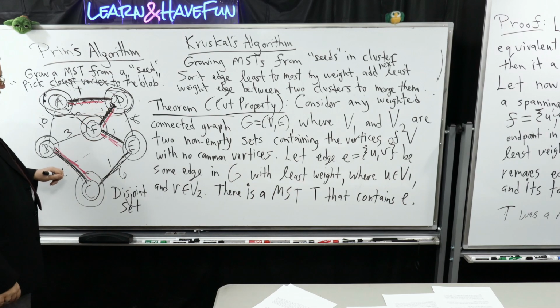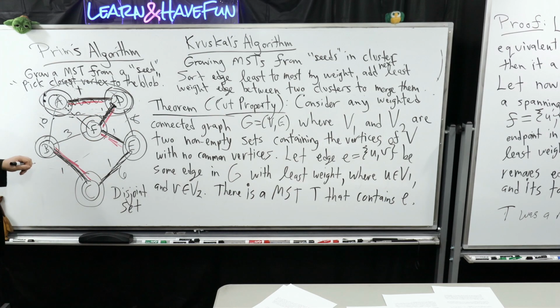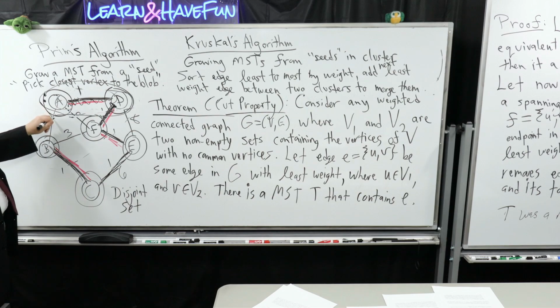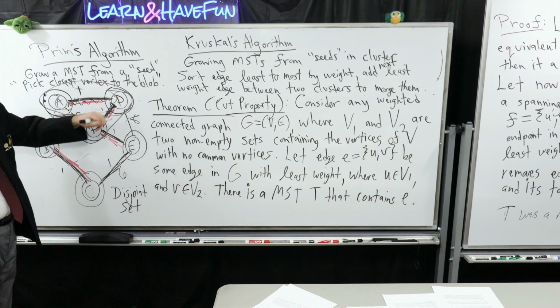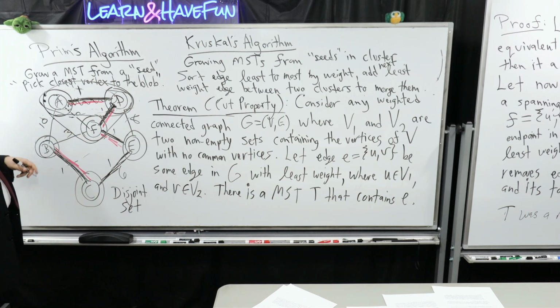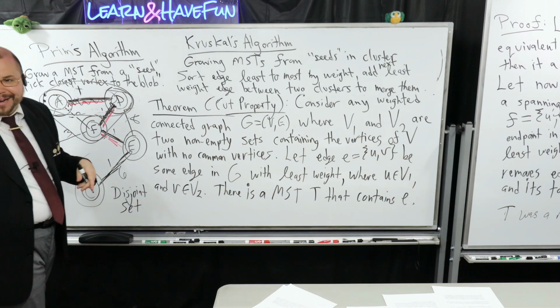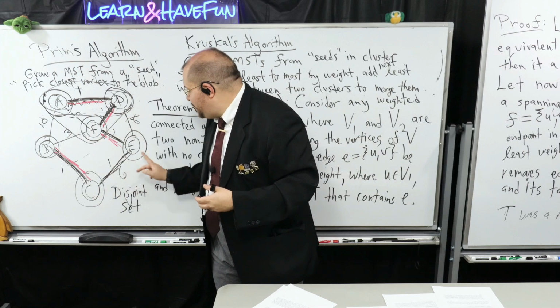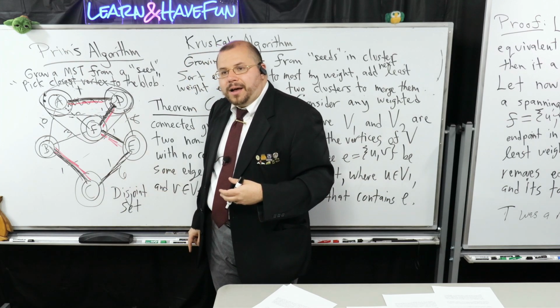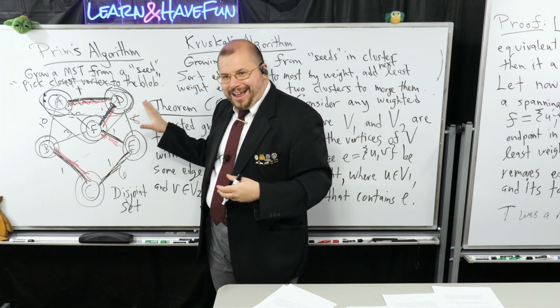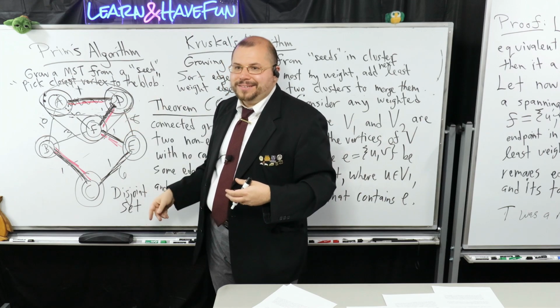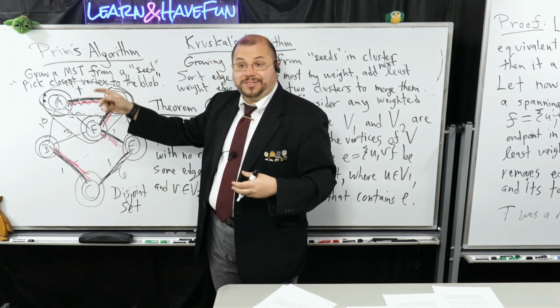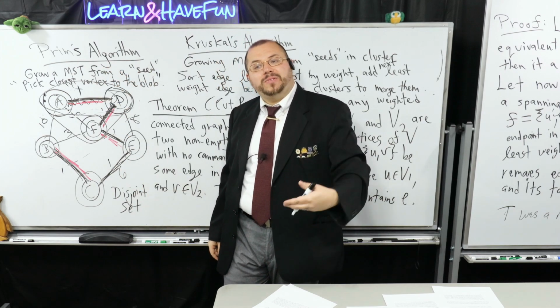Notice I go from inside to another cluster, never within itself, okay? So you can keep doing this process over and over again by merging the clusters. So now notice that I only have 1, 2, 3, 4 clusters left. When I'm done, I've added enough edges such that it's only one big cluster. And inside that cluster is going to be a minimum spanning tree.